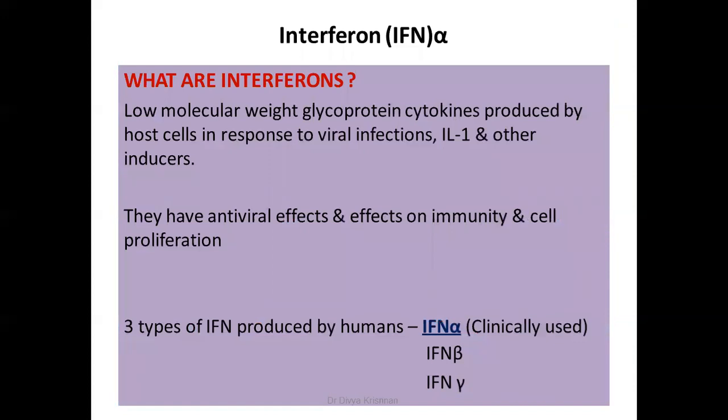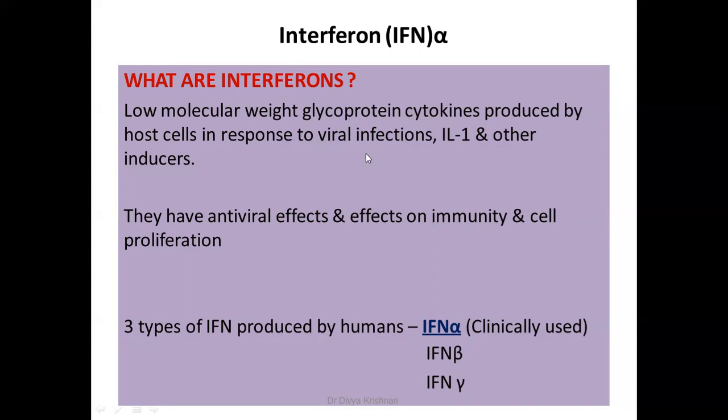The next class of drugs is interferon, interferon alpha. So what are interferons? Interferons are low molecular weight glycoprotein cytokines, which are produced by the host cells in response to viral infections, interleukin 1 and other inducers.